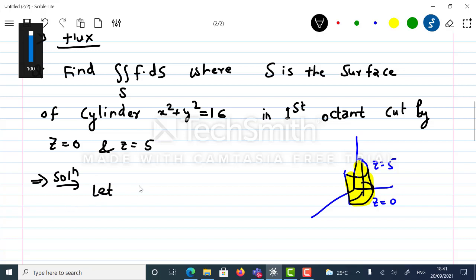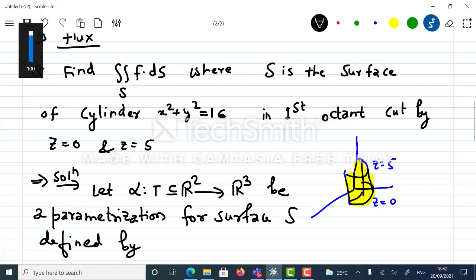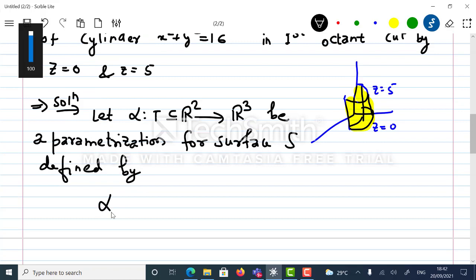So let alpha from T subset of R2 to R3 be a parameterization for surface S defined by, so how are we going to define this? Alpha of theta comma z is equal to, we will be using cylindrical coordinates.